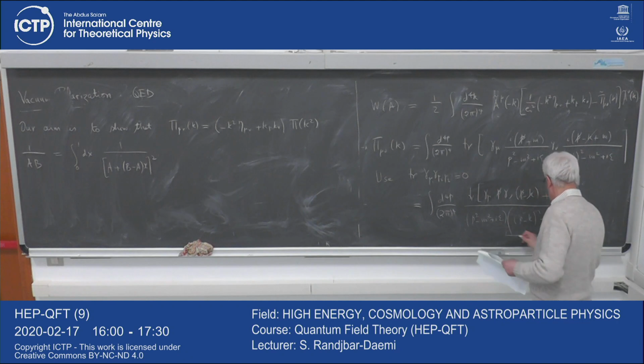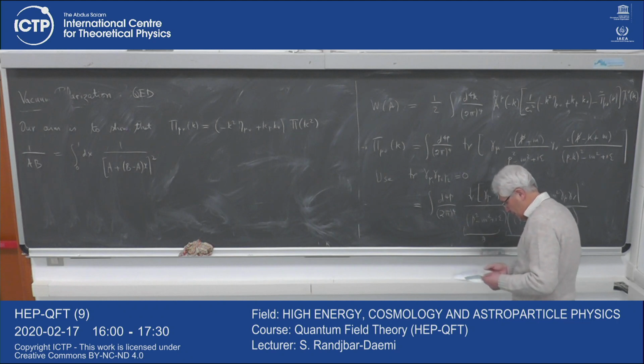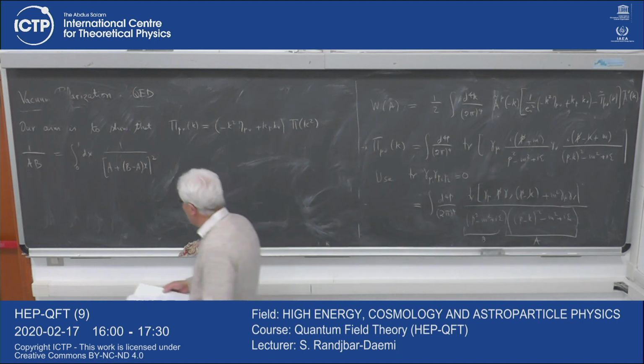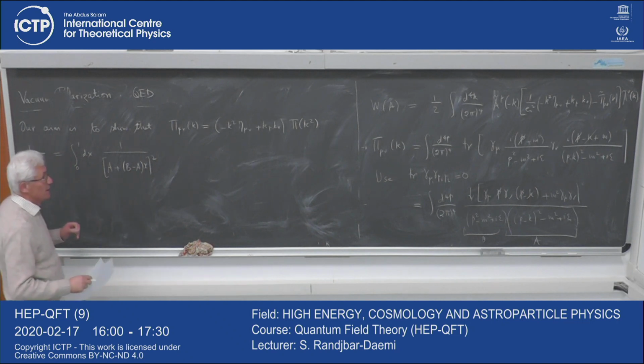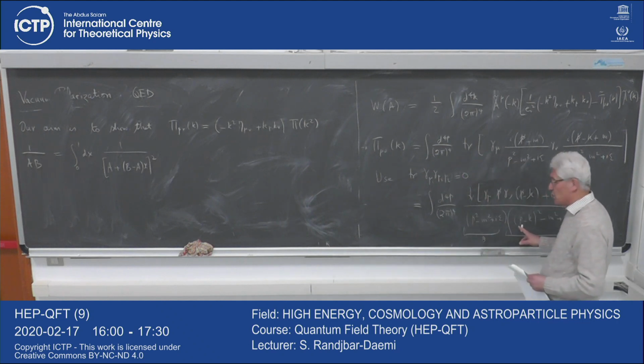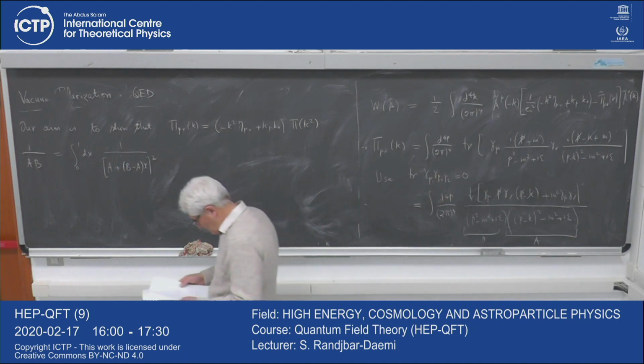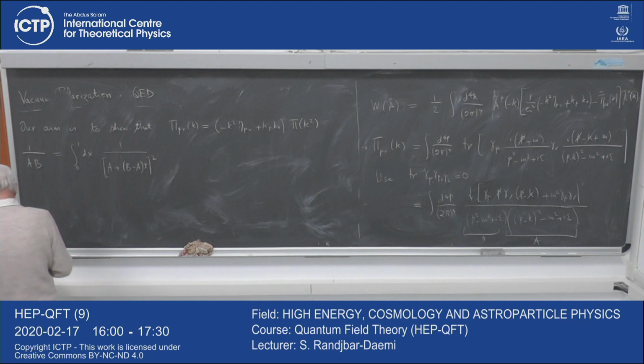For it, take this to be A and take this to be B. And then in the resulting expression, if you remember the way that we did it for the scalar theory, we will shift the integration variable p to p plus something else. I think I'm going to skip these steps because they're exactly identical to what we did for the scalar theory, and just write the result.